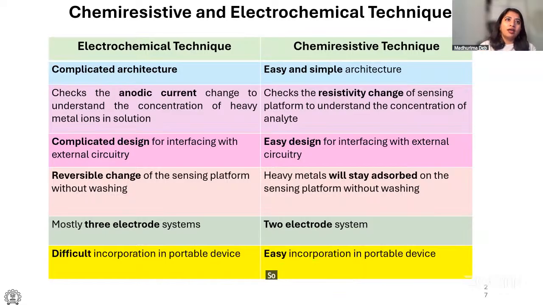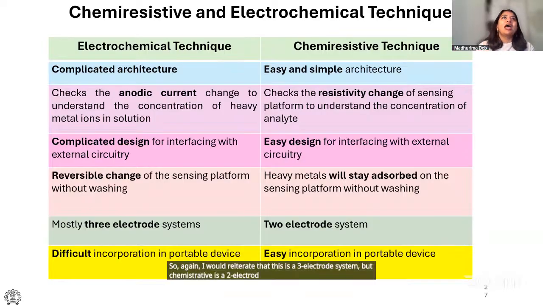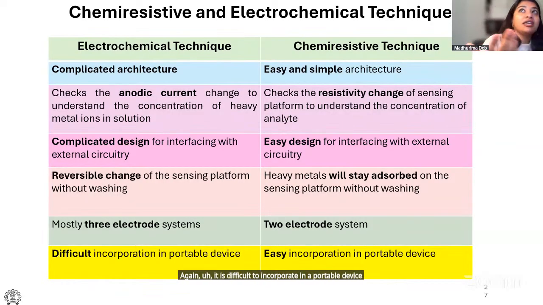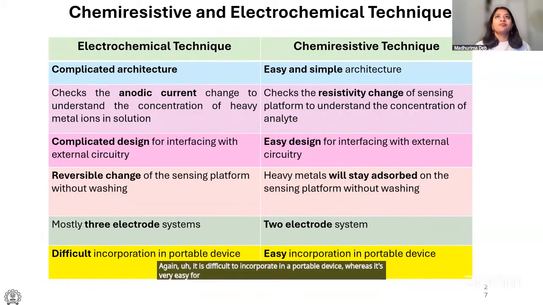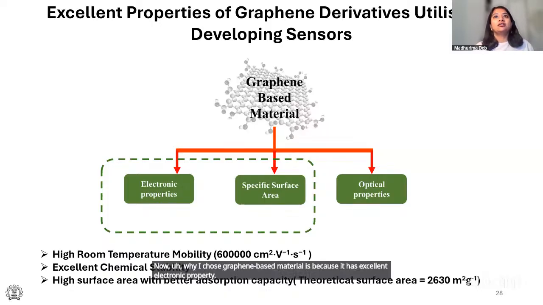Again, I would reiterate that this is a 3-electrode system, but chemi-resistive is a 2-electrode system. And the electrochemical technique is difficult to incorporate in a portable device, whereas it's very easy for a chemi-resistive technique.